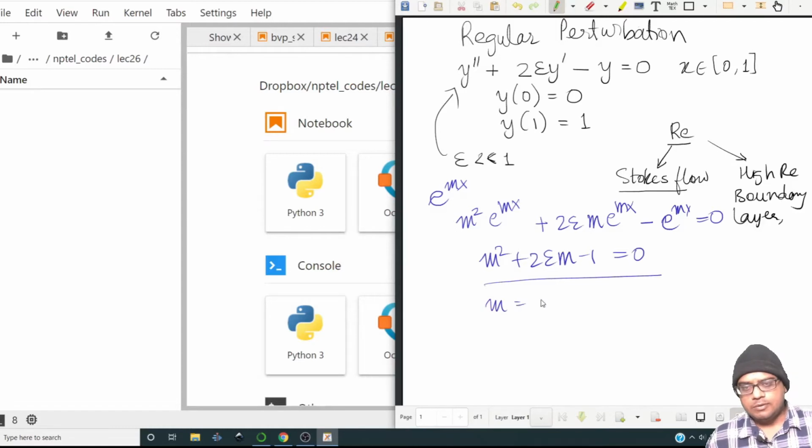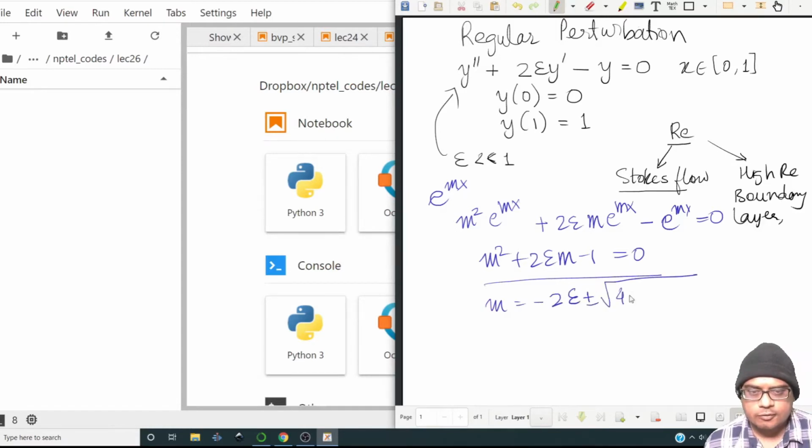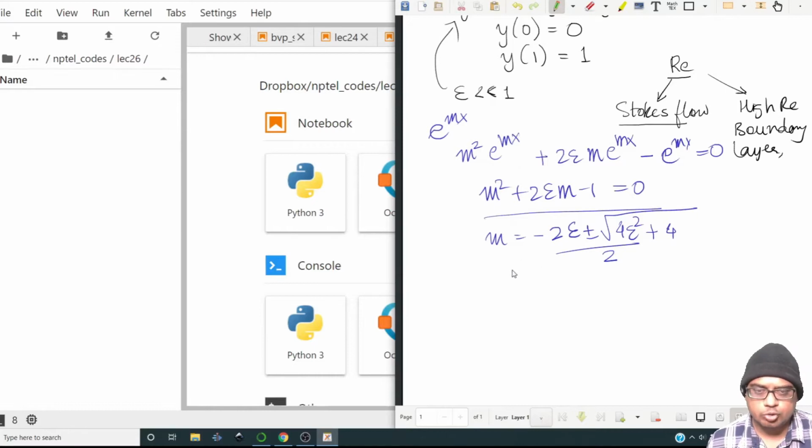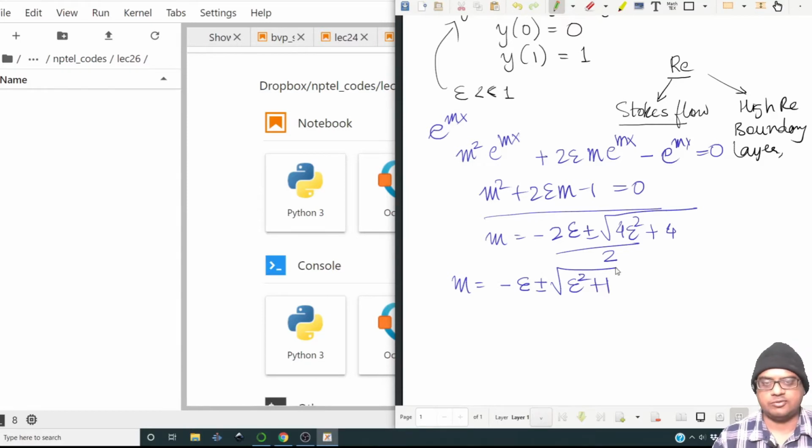So m equals minus 2 epsilon plus or minus square root of 4 epsilon squared plus 4, all divided by 2. These are the two roots. So m is either minus epsilon plus or minus the square root of epsilon squared plus 1.